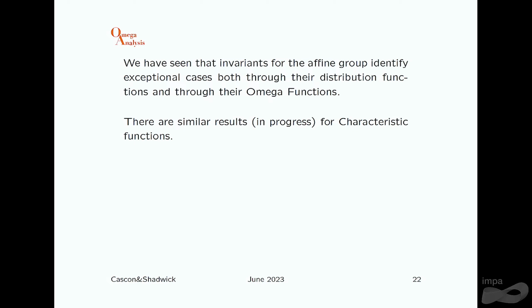In that case, the parameter could be anything from minus infinity to infinity. But the invariants tell us what's possible. So we get exactly the same process with omega functions, the difference being that instead of a one-parameter family, we get a single point, like the Gumbel distribution in the extreme value examples.